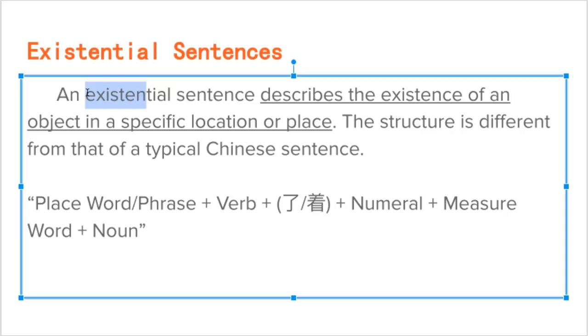And that's kind of the structure of an existential sentence. It's used to describe locations and objects in locations. And it's very common, like when you're trying to describe, for example, a room. This is why we're learning it in this level.